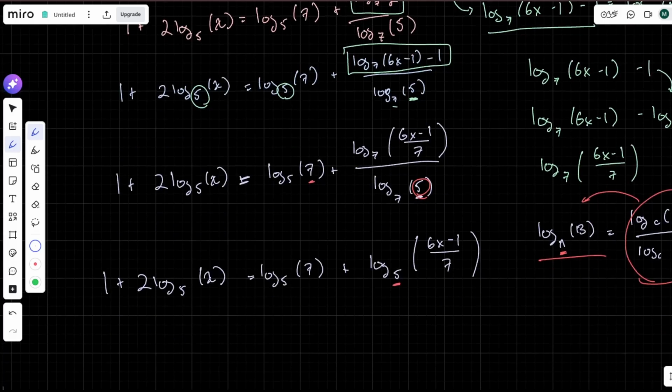I can multiply these together and make one logarithm, log base 5 of 6x minus 1. I started putting the 7 in, but I don't need it because it's divided by 7, multiplied by 7. It just becomes 6x minus 1 again.